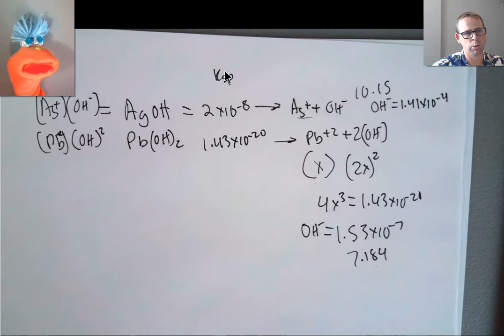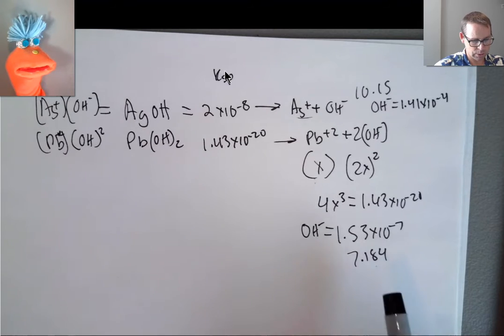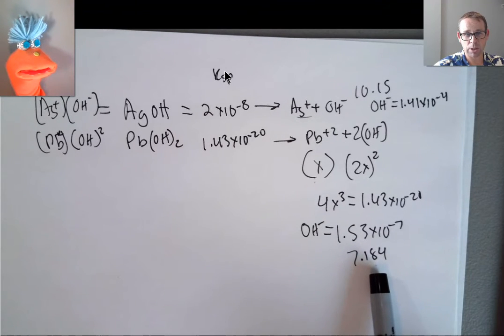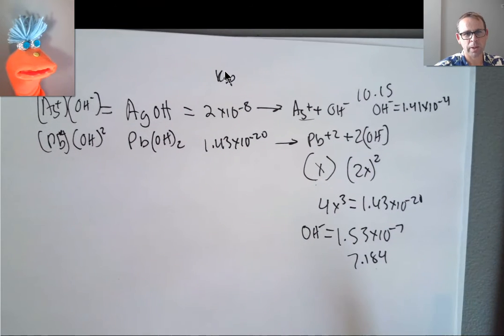Well, the KSP 1.43 times 10 to the minus 20 is much smaller, so it must be the lead, right? That's right. And we also see at 7.184 the relative concentration of hydroxide ion in water. If this is your relative hydroxide concentration, it's much lower than the hydroxide ion concentration there.